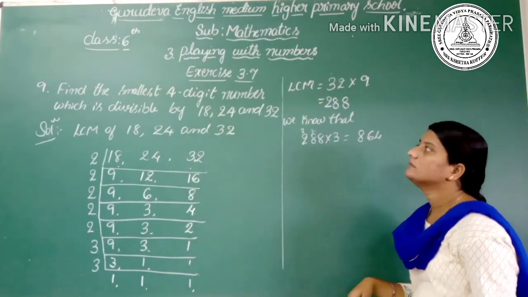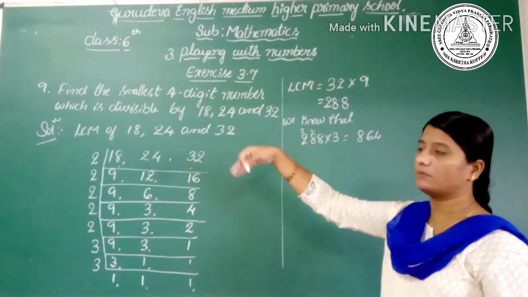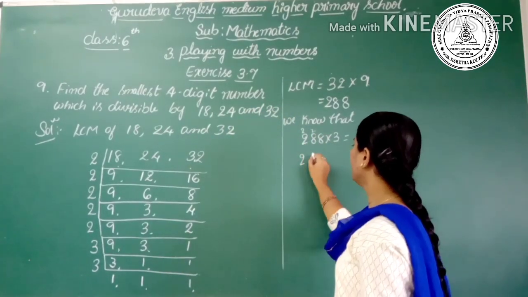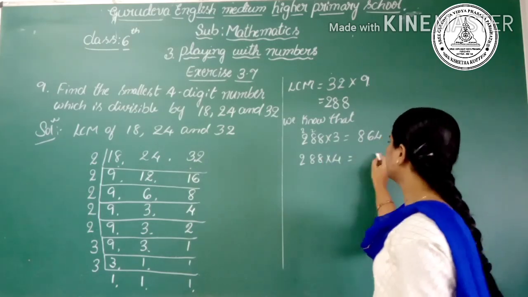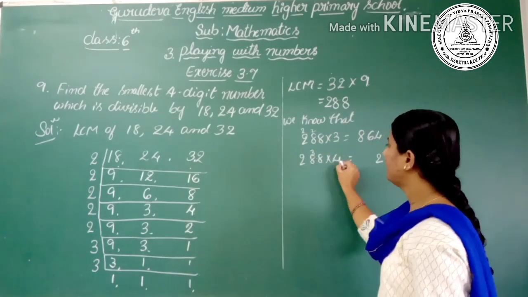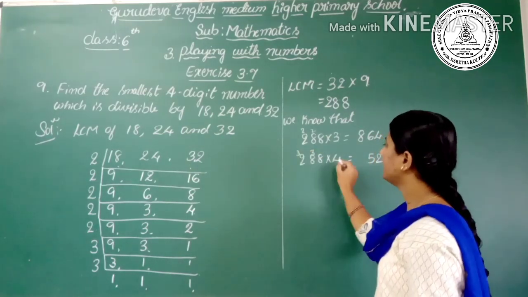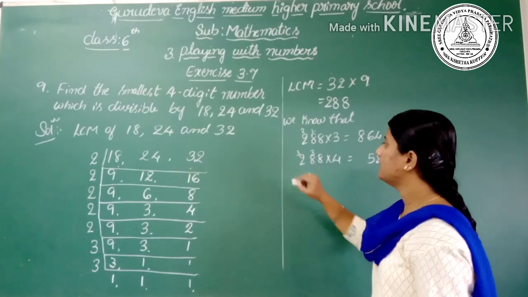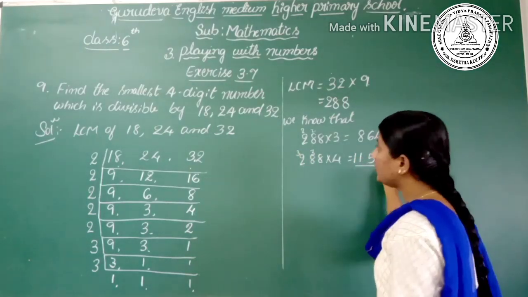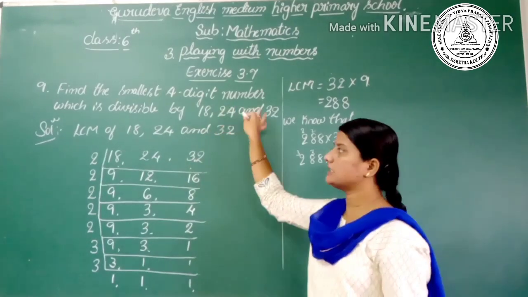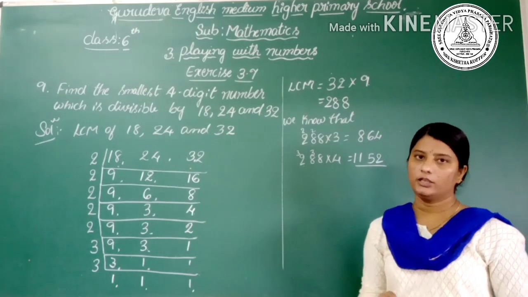It is a 3-digit number, but we need a 4-digit number. Let's multiply by 4. 288 into 4. 4 8s are 32, carry 3. 4 8s are 32, 32 plus 3 is 35, carry 3. Then 4 2s are 8, 8 plus 3 is 11. So 1152 is the smallest 4-digit number which is divisible by 18, 24 and 32.